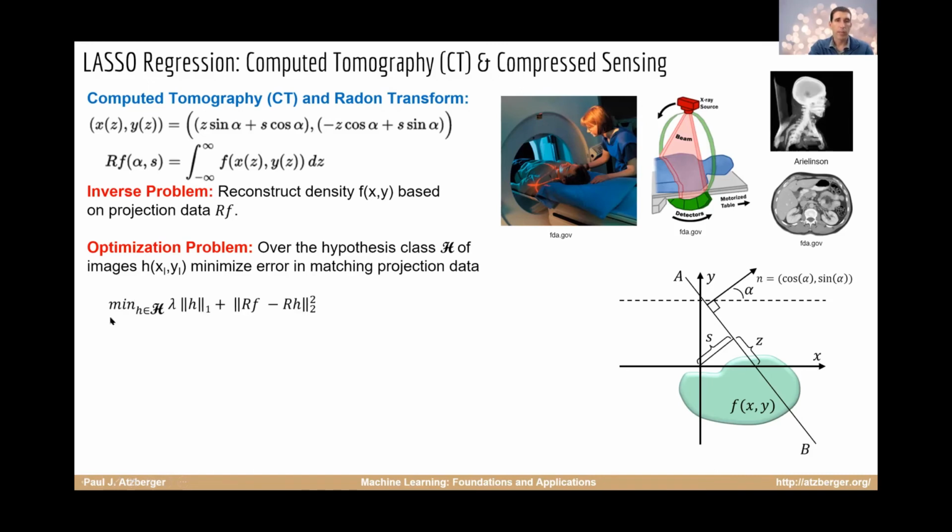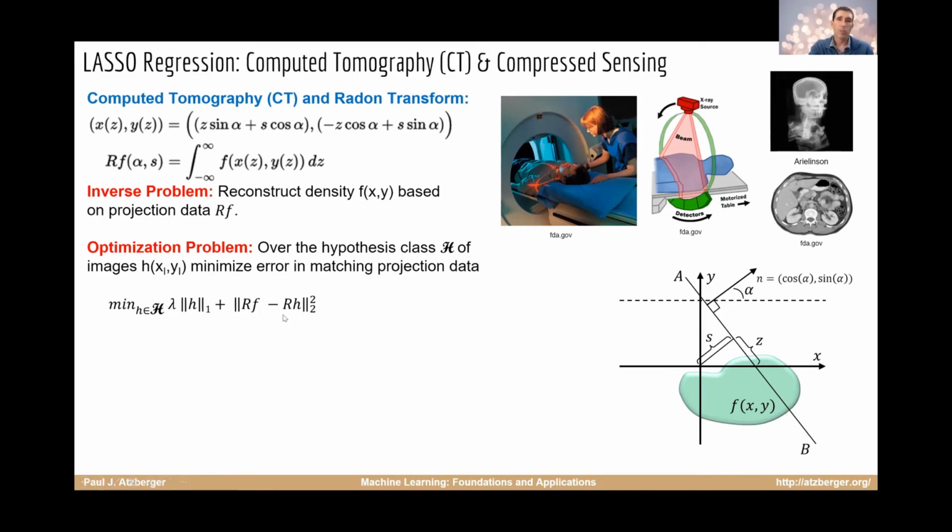So we're trying to minimize over the space of these 2D density maps. Again, we can express it in terms of pixels. And then we're trying to find the density map that most closely approximates the Radon transform information that we would have gotten for a given target function f.